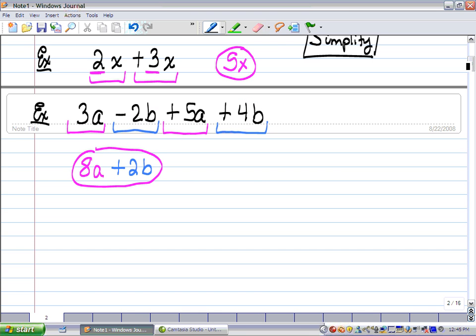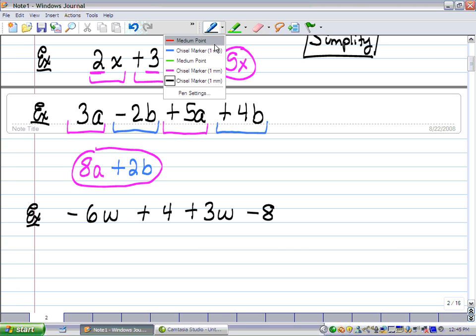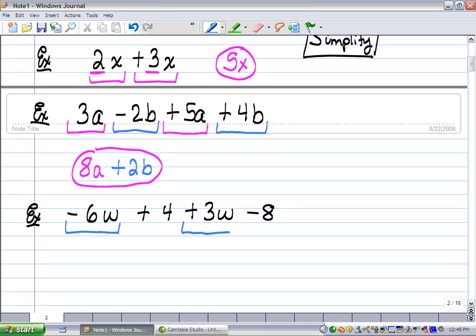Okay, let's look at another example. How about negative 6w plus 4 plus 3w minus 8. This one we actually have some constants as well as some variable terms. The negative 6w and the positive 3w are like terms, so we can put those together and we get what?